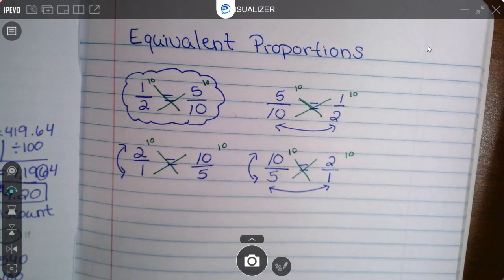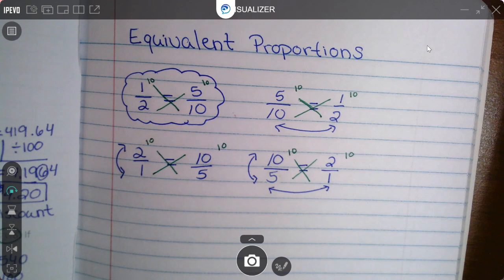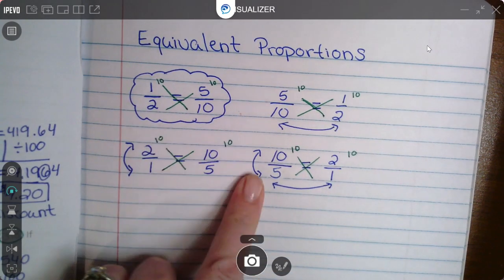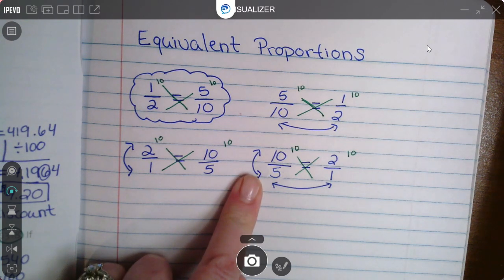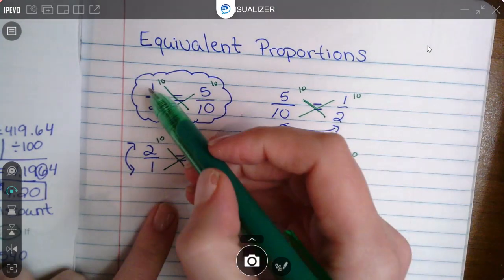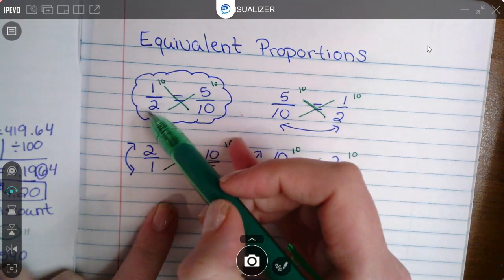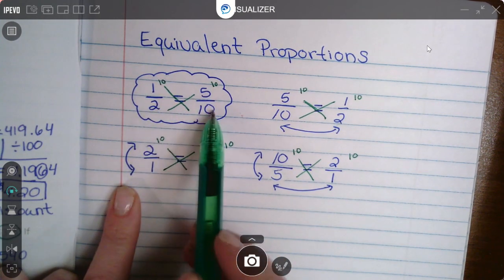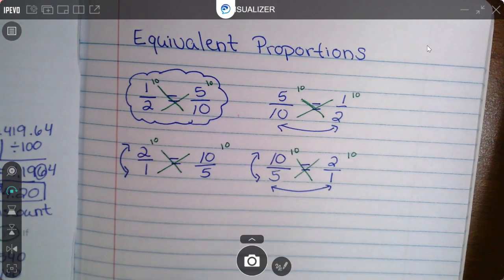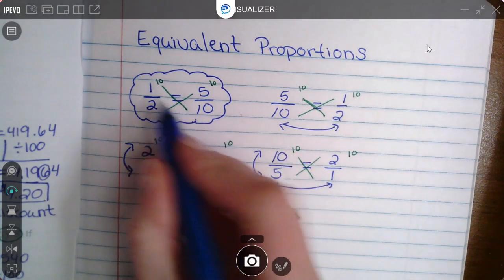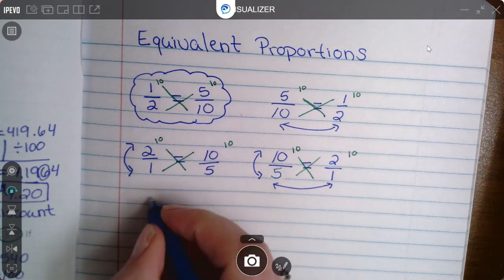All right, and there is one more way that I can also set up these numbers for my proportion, moving them around a whole different way. So I have been comparing like numerator to denominator like this. I can also compare numerator to numerator and denominator to denominator. So I'm going to do that down here. So I can compare 1 to 5.